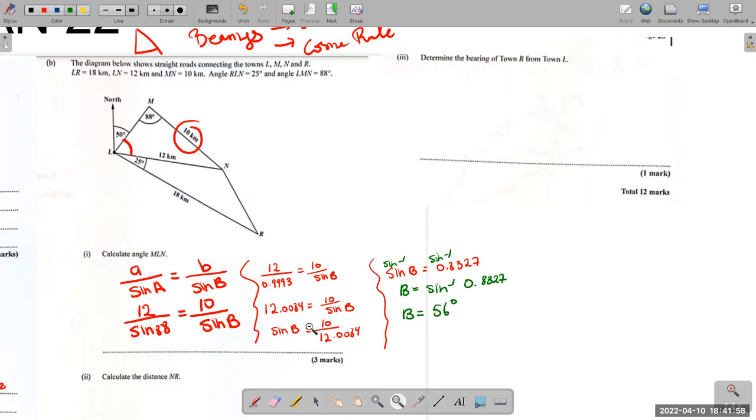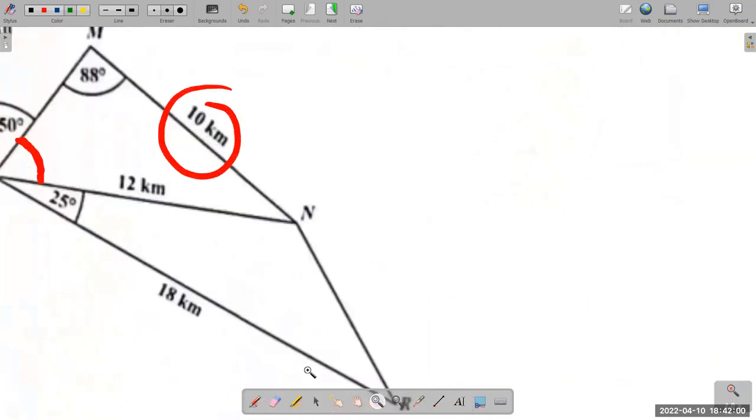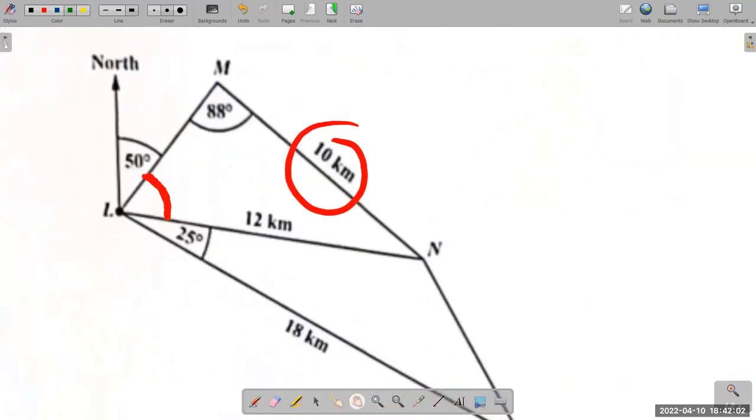What is a general check that that is correct? What would tell me that's correct? How much did we get? 56. What tells me that's kind of correct? We know that this is so far looking like the longest side, and so this must be your biggest angle. Because 10 is less than 12, this angle must be less than 88.